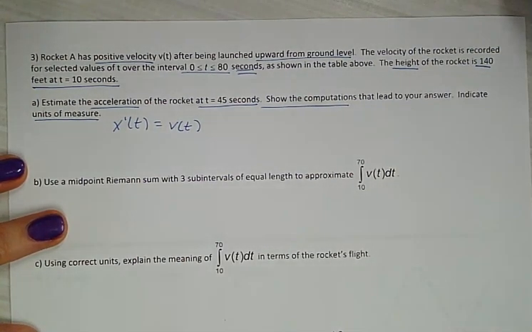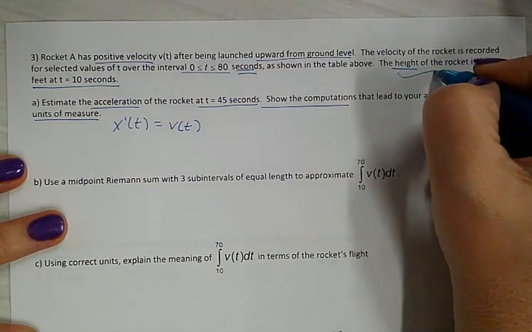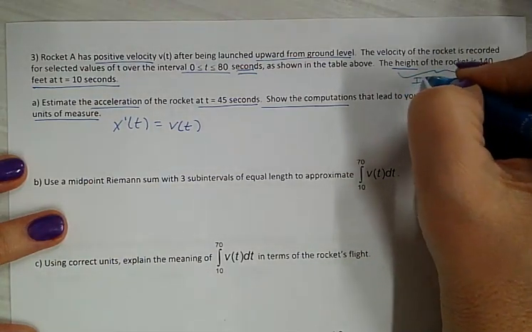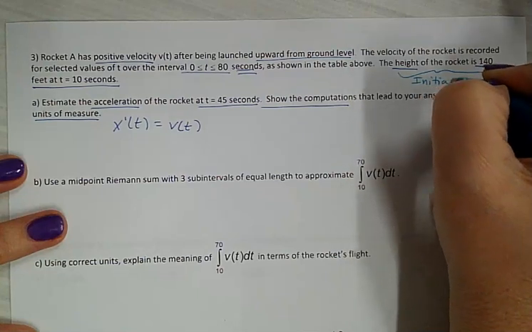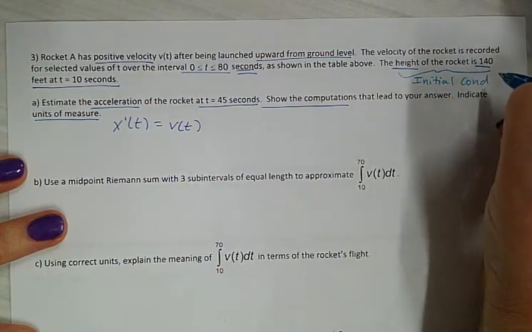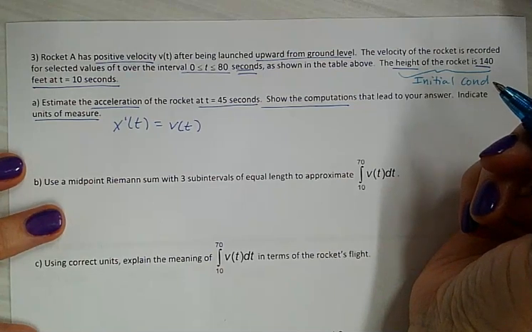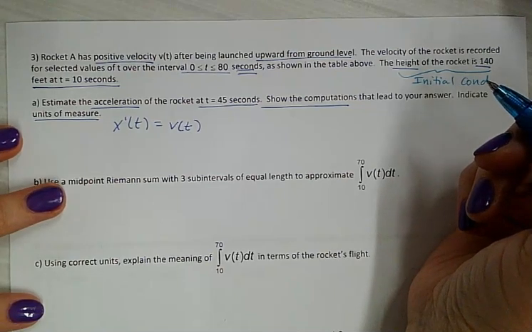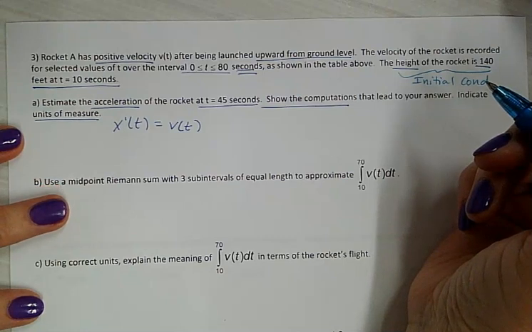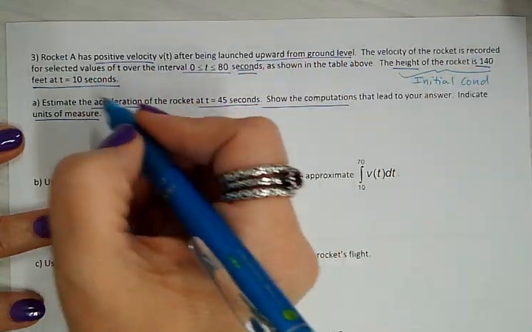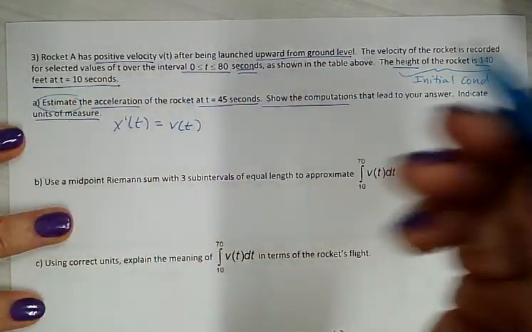So right over here in this part, the height of the rocket is 140. That's an initial condition. And as we're looking at the value here for part 3A, we're going to be estimating acceleration. So the key there is estimating the acceleration.